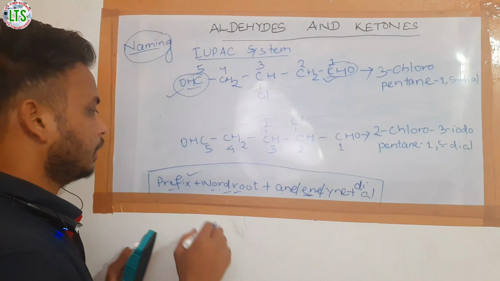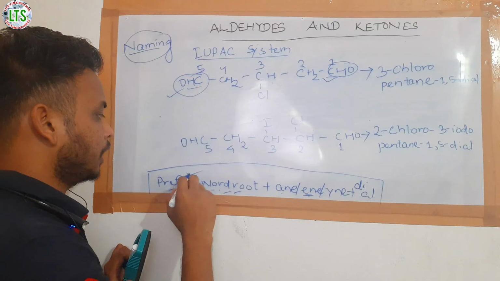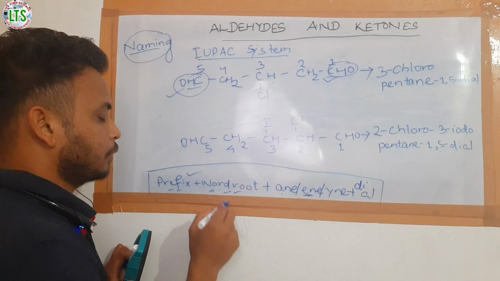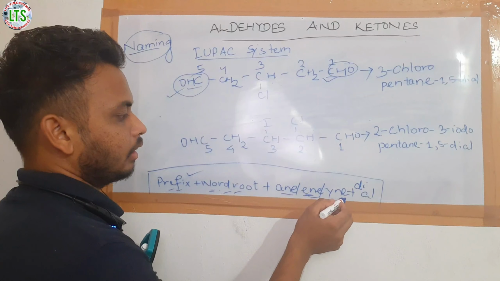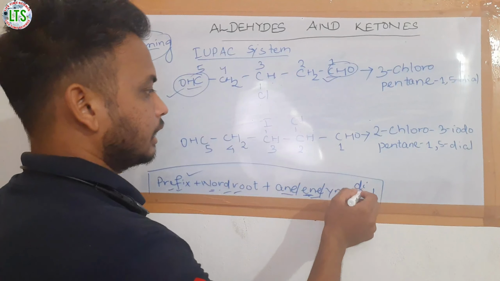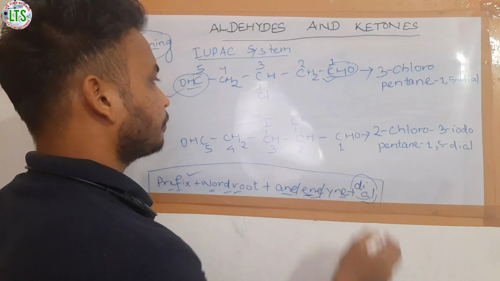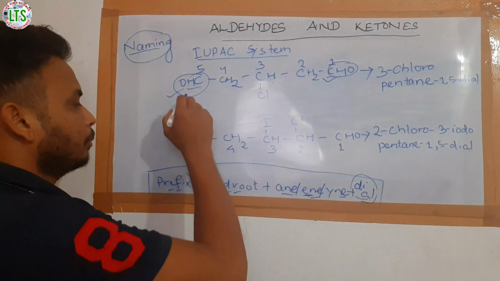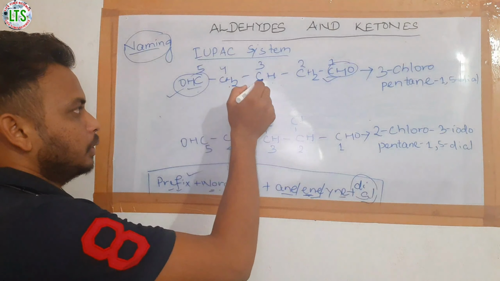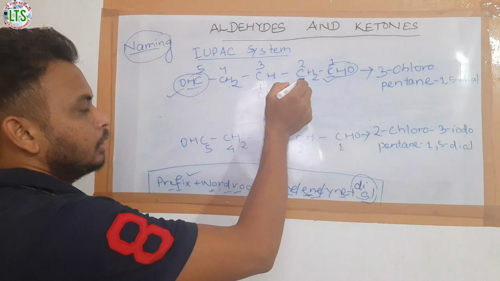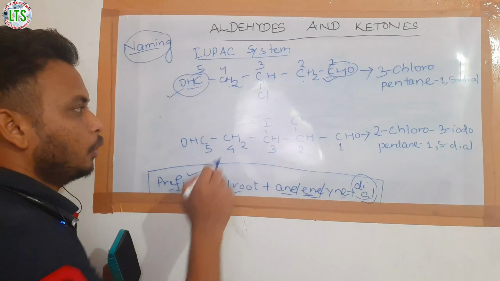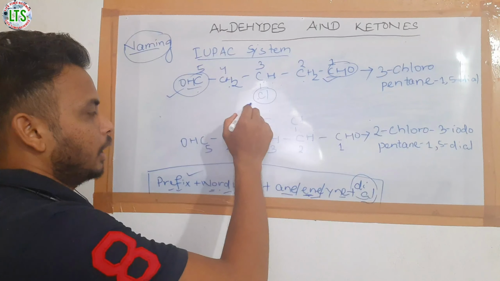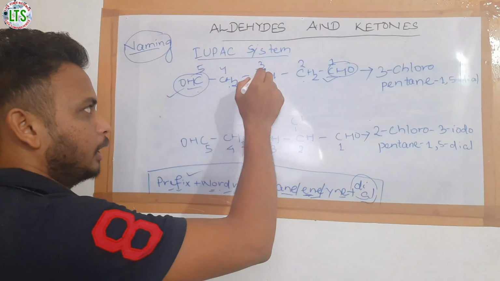We can name this type of compound according to the procedure: prefix plus word root plus ane or ene or yne plus dial. For example, in the compound CHO, CH2, CHCl, CH2, CHO, one prefix is there because one chloro group is present at carbon number 3.